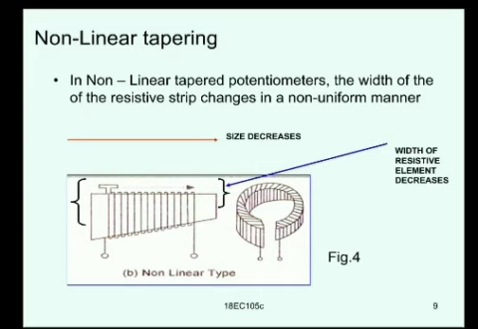That means from the beginning, at one end of the resistive element, as we move towards the right, we can see that the width goes on decreasing. This is very difficult to implement in circular type potentiometers.